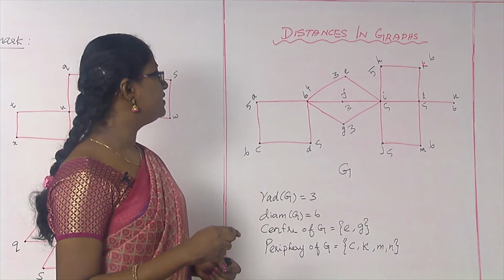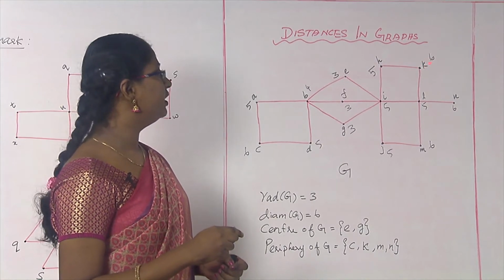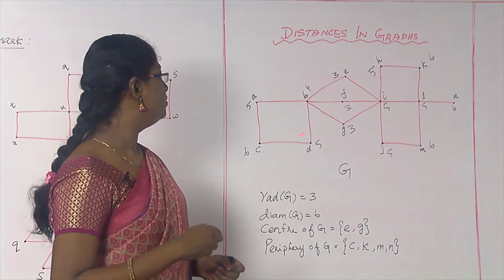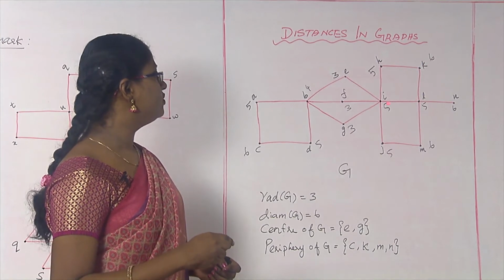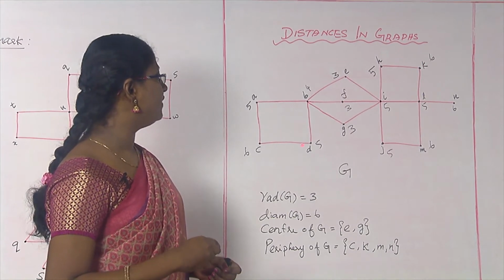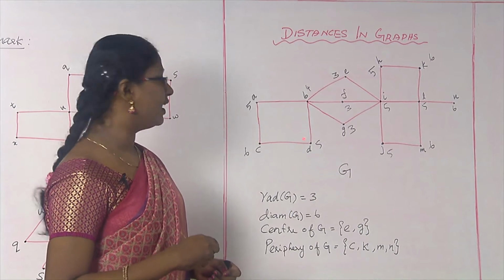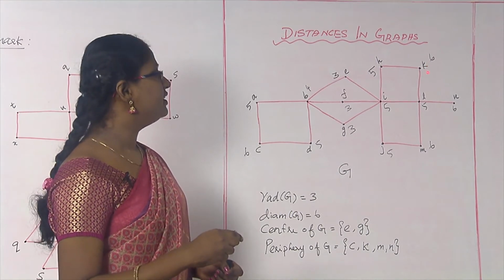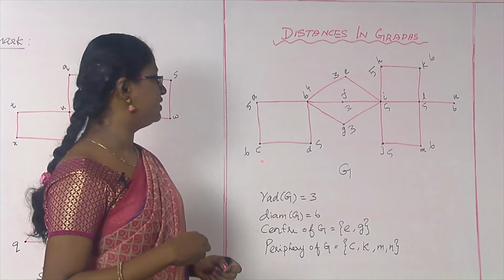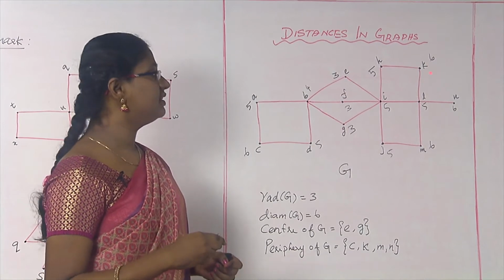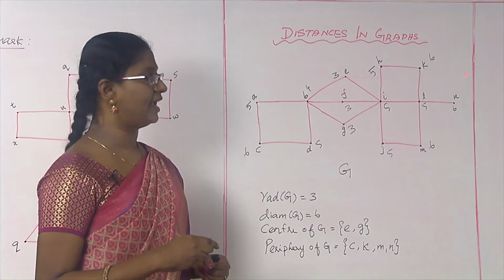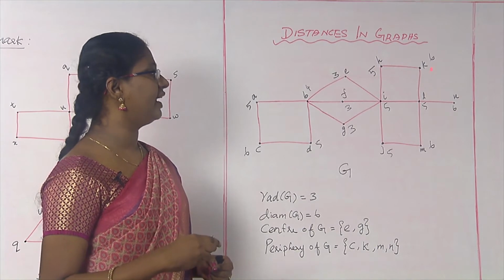The maximum distance I am getting is between K to C, that is 1, 2, 3, 4, 5, 6, and this is the shortest path between C to K. So, the distance between K to C is 6 and this is the maximum distance from the vertex K, which means the eccentricity of K is 6.